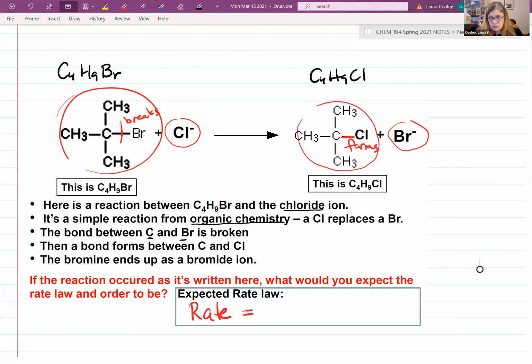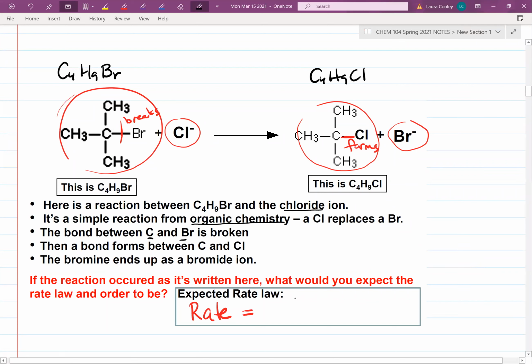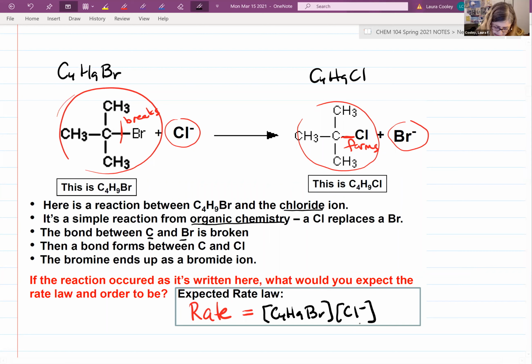First order in, come on, help me out here, somebody. Is it first order in A and first order in B? Yeah, but of course, A and B are not what these molecules are called. So we put in the right names. Yeah, that's fine. Perfect. Yes, that's what the rate law would be if the reaction occurred as it's written here.